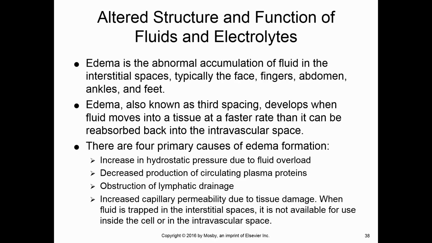So if we don't have those, then we're going to be leaking fluid. We can have an obstruction of lymphatic drainage, and then increased capillary permeability. So basically vessel damage, where the fluid leaks out into the interstitial spaces and is trapped there because it can't be absorbed or get back in. So we have tissue damage or vessel damage. Okay.